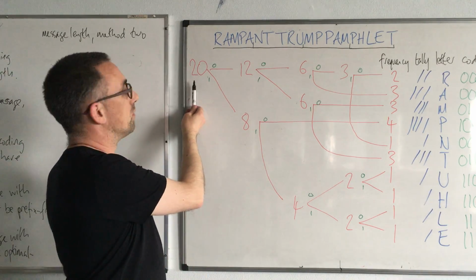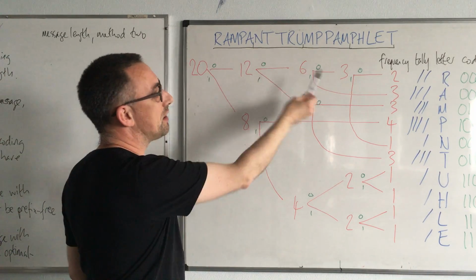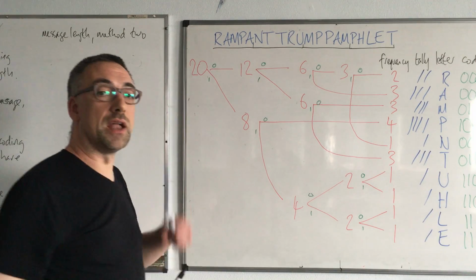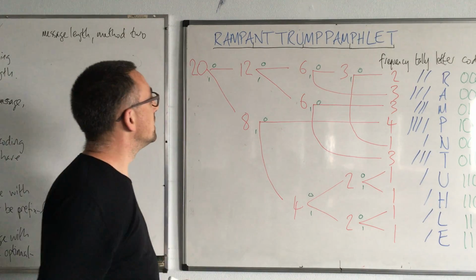So we certainly will visit the root node all 20 times, we'll visit this one 12 times, and this one 8 times, and each time we'll put a bit in the message.